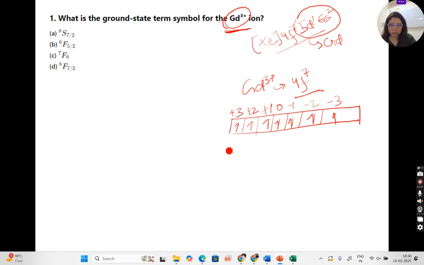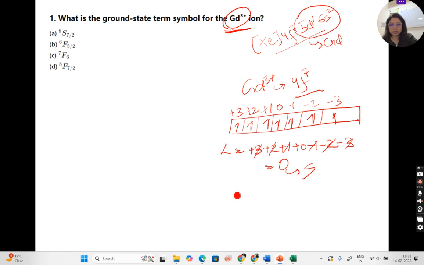And now for the calculation of L: +3, +2, +1, 0, -1, -2, -3, and here all will be cancelled out, and we will get 0. 0 corresponds to the term symbol S.